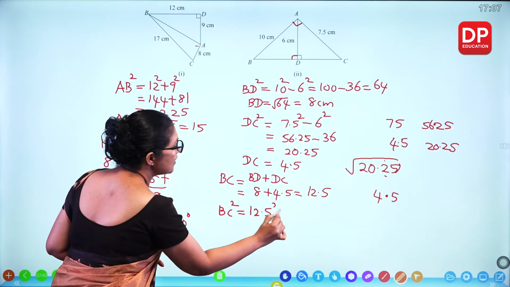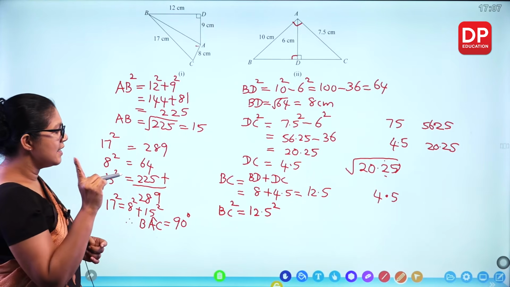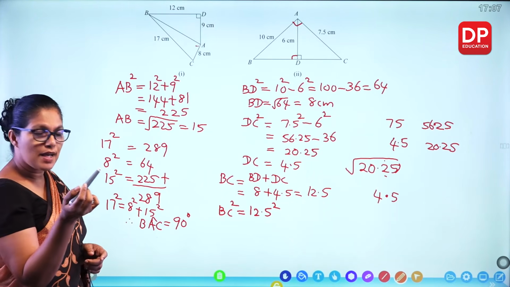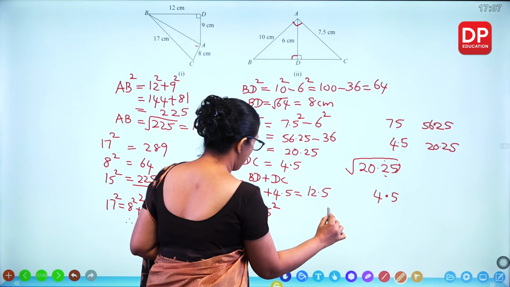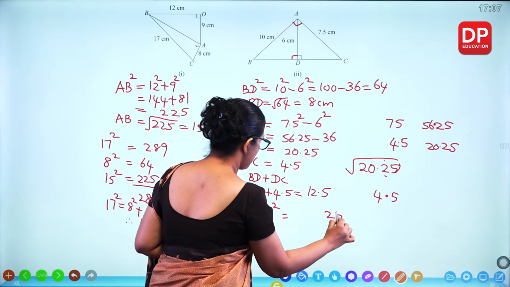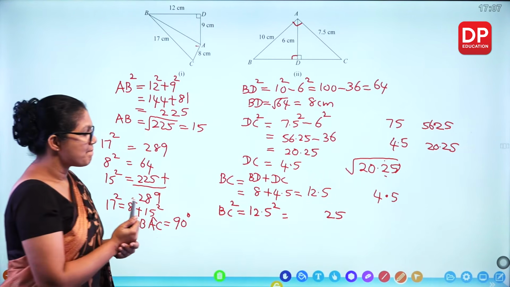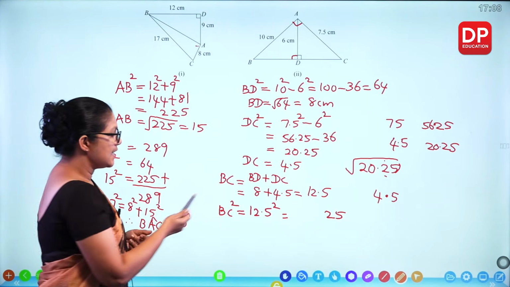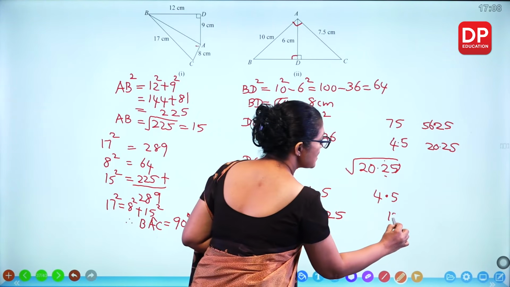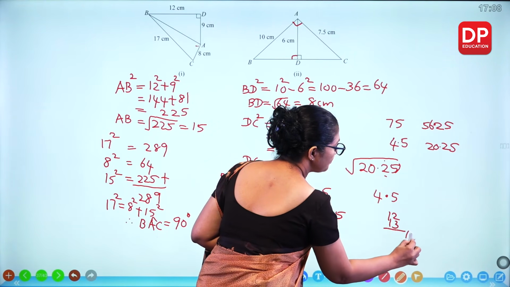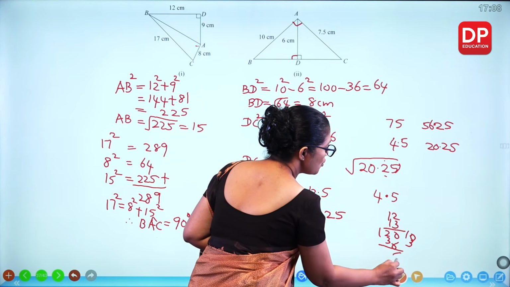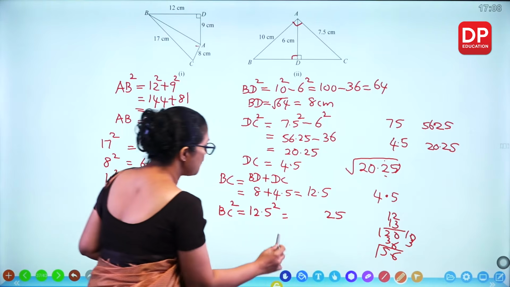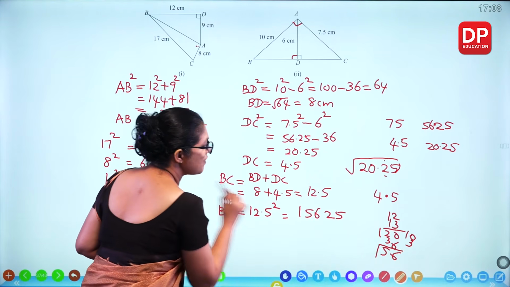12.5 squared. What's the easy method? 125 times 125. 5 times 5, 25. Here, 12 times 13, the next number. So you get 156.